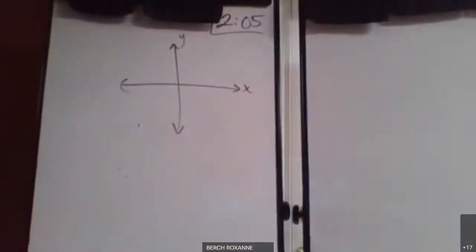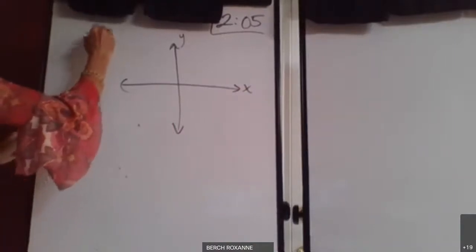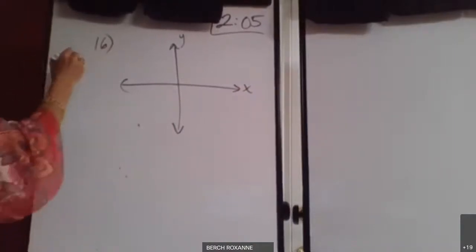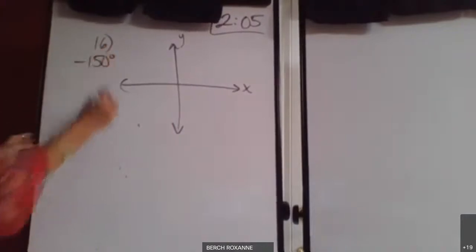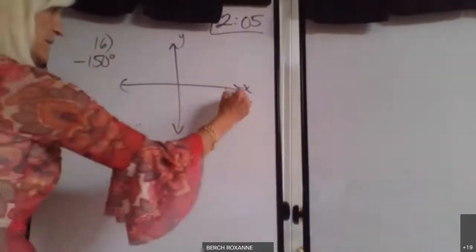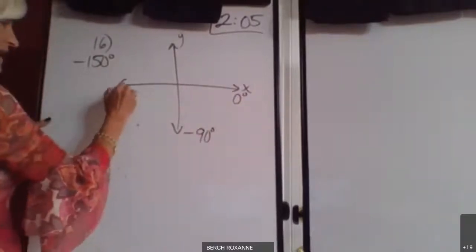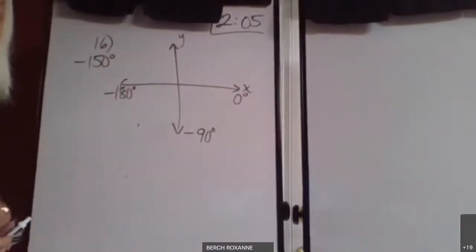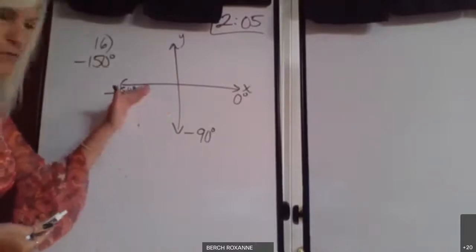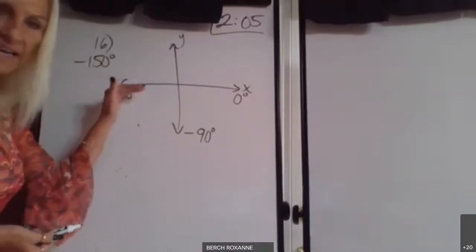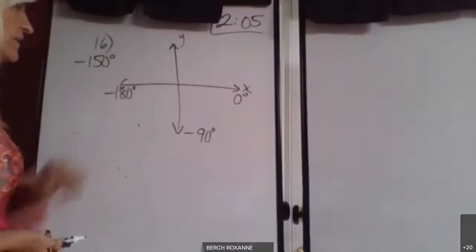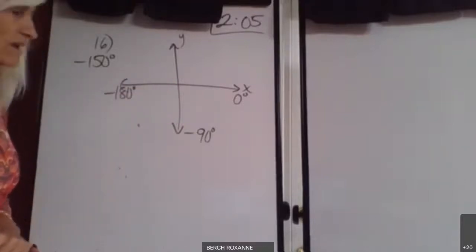So what number did you say? 16. Number 16 is negative 150. So this would be 0 degrees, this would be negative 90, and this would be negative 180. Remember, if you break this into 3 parts, you could do 30, 60, 90, or you could break it into 45s.